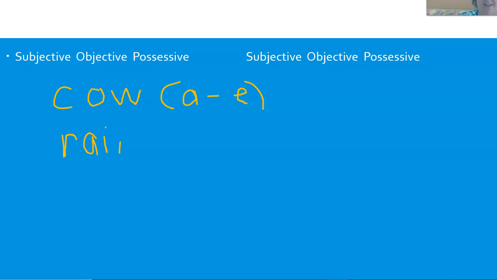And we're going to take the noun rainbow and we're going to write adjectives for the word rainbow with the letters F through J. So F, G, H, I, and J. Ready? Begin.